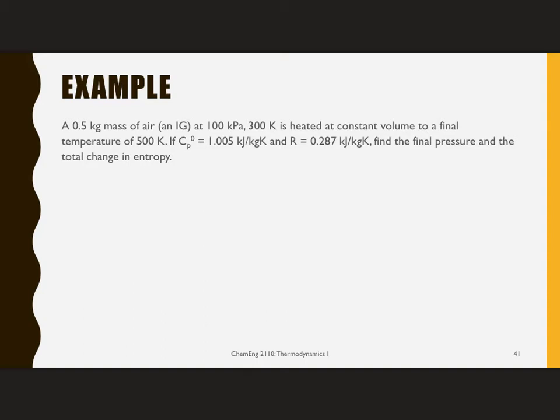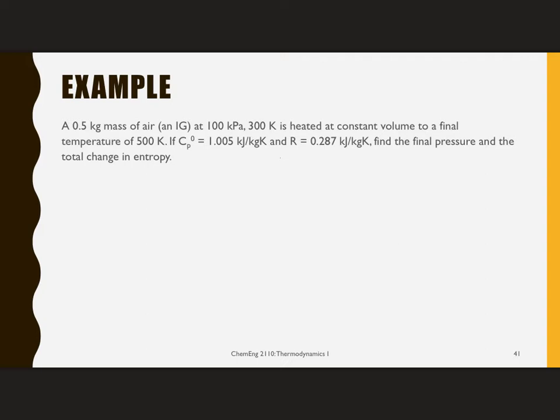Using C sub P naught, the value of C sub P for air as an ideal gas, the naught indicates ideal gas assumption, is 1.005 kilojoules per kilogram Kelvin, and R on a mass basis for air is 0.287 kilojoules per kilogram Kelvin. Use this to find the final pressure and the total change in entropy.